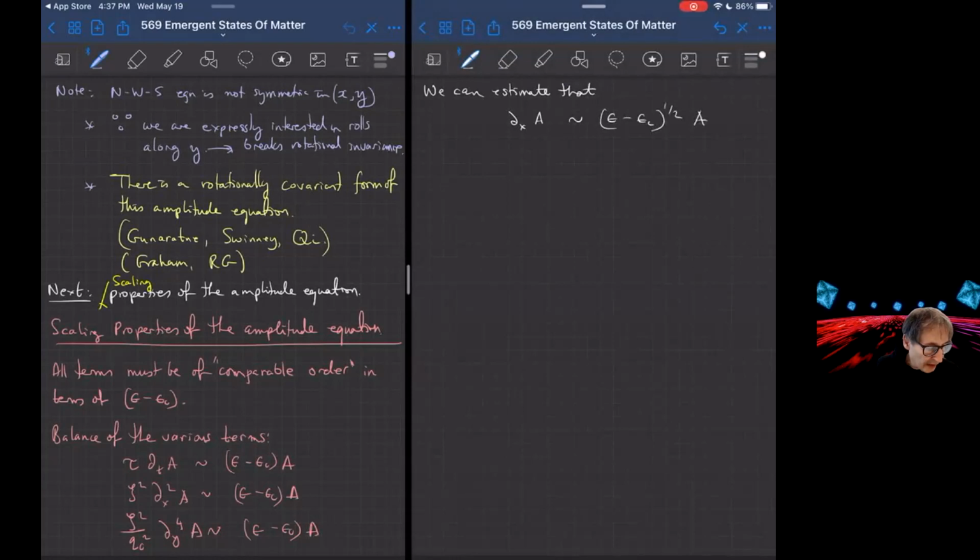Okay, that's one derivative, and a derivative in the y direction is something like epsilon minus epsilon c to the 1/4 times A. So in other words, phase variations along x obey something like a diffusion equation.